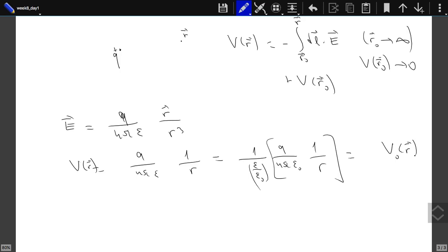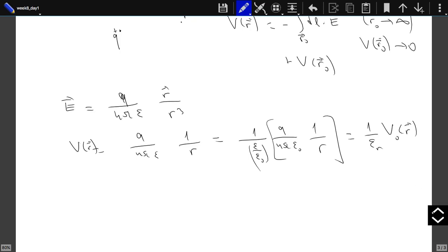Again, V0 is the potential that my point charge creates at the point r if it was in vacuum. Then, of course, we have this factor over here, which we usually define as epsilon r. This is called the relative permittivity.